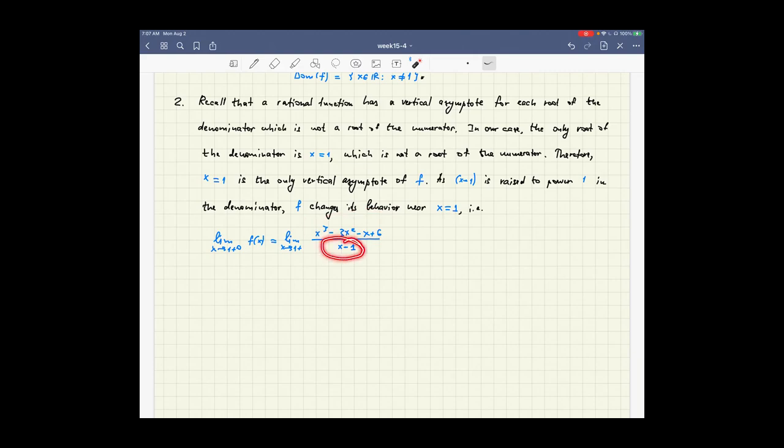And the denominator is also positive because x approaches 1 from the right. So there will be positive infinity.